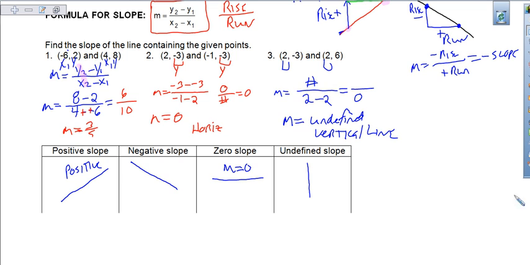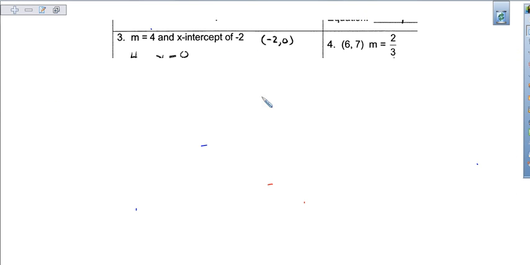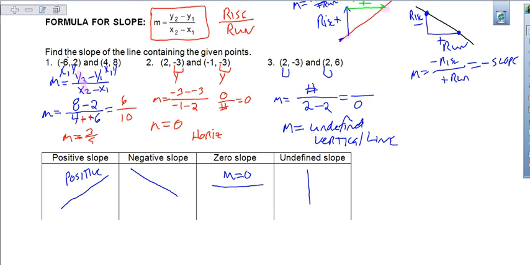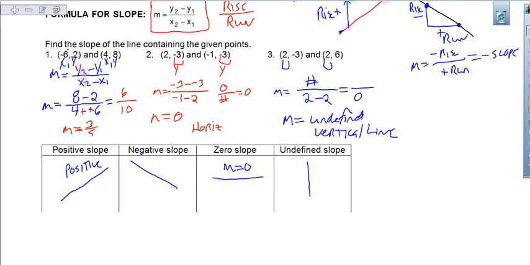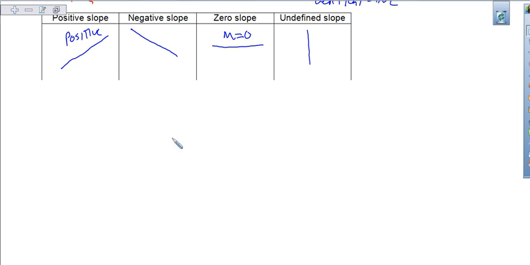Okay, let's take a look at the next example, where they want us to, actually we're missing a spot here. That's okay, I'll do it right here. So the next thing that they have listed is parallel lines, they want you to know the relationship with parallel lines. Parallel lines have slopes that are identical.